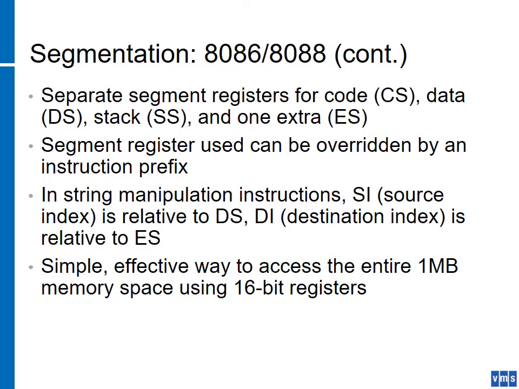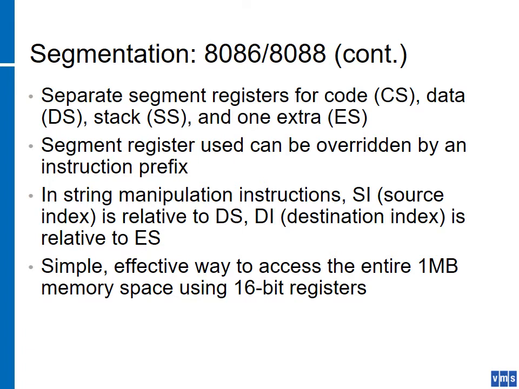In some of the string manipulation instructions, you take a source and a destination operand, and there the source index is relative to the data segment, and the destination index is relative to the extra segment.